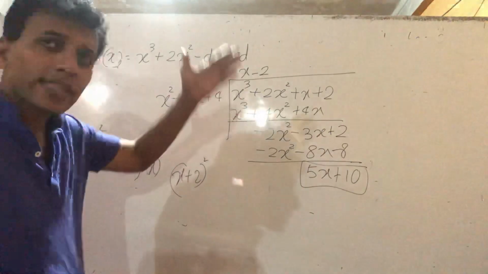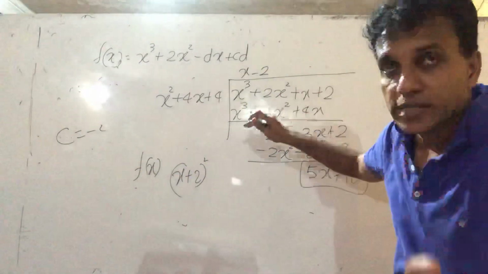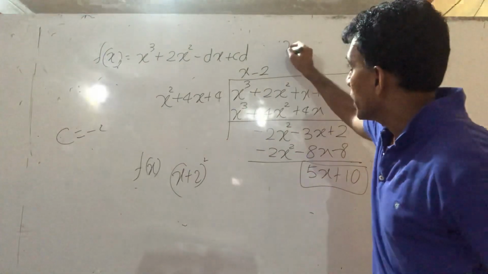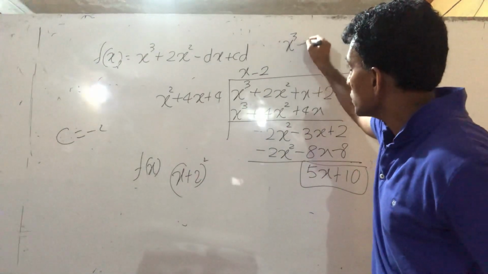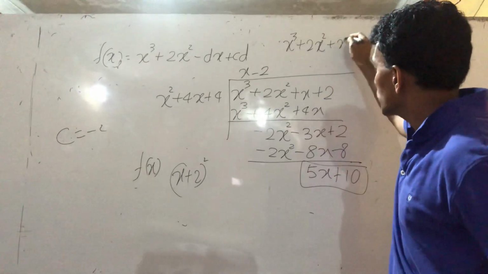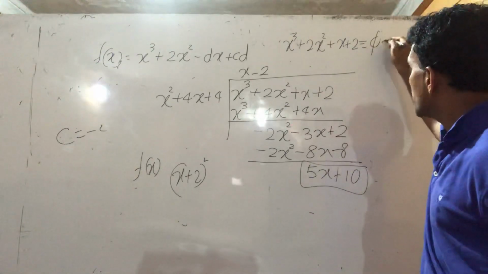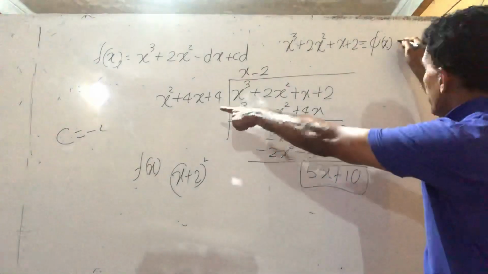Or you can use the other method also. I will show that. The factor remainder theorem method: x cube plus 2x square plus x plus 2 equals what? Answer into divisor.